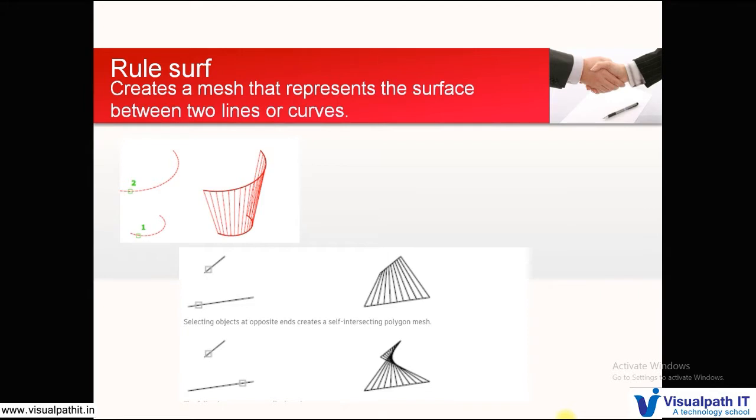It requires two objects, open objects. Closed objects are also possible. The surface will depend upon the position where you select. If you select one as this and two as this, you will get a crossed mesh in this manner.